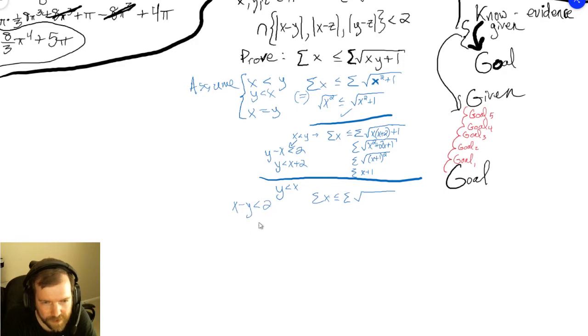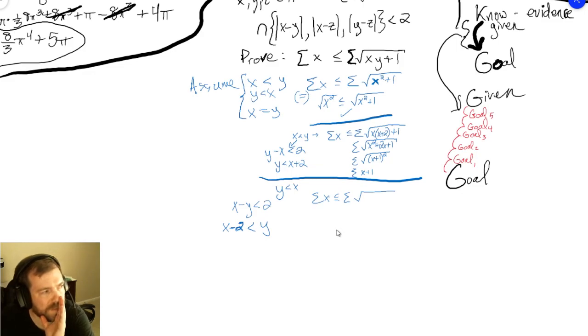So y is going to be greater than x minus 2, which makes this a lower bound for what's actually going to happen. So then this is going to be the sum of x times x minus 2 plus 1.